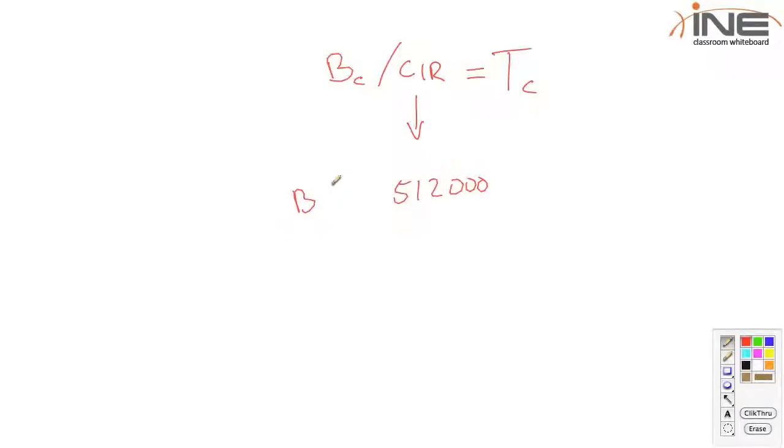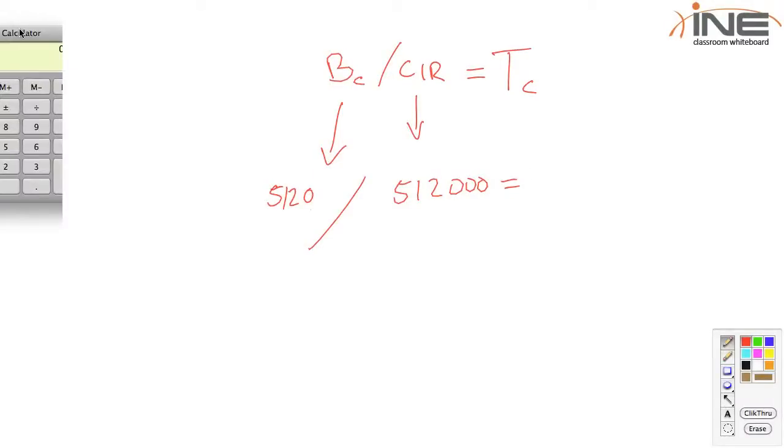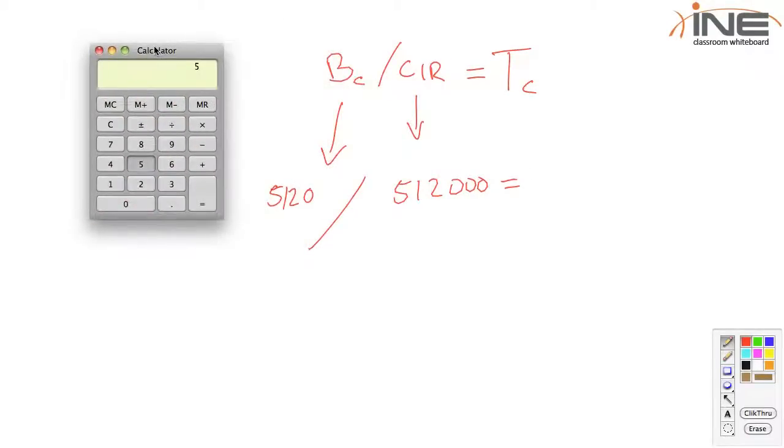So 100 times in 1 second, I'm going to put 5120 bits of data onto the wire.